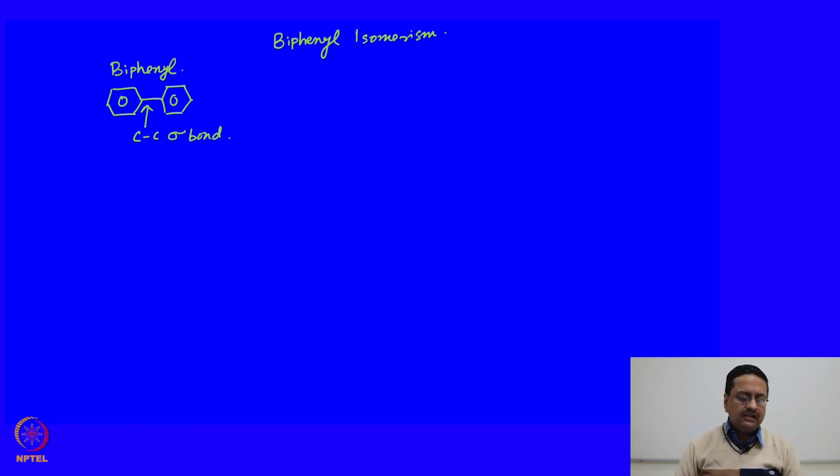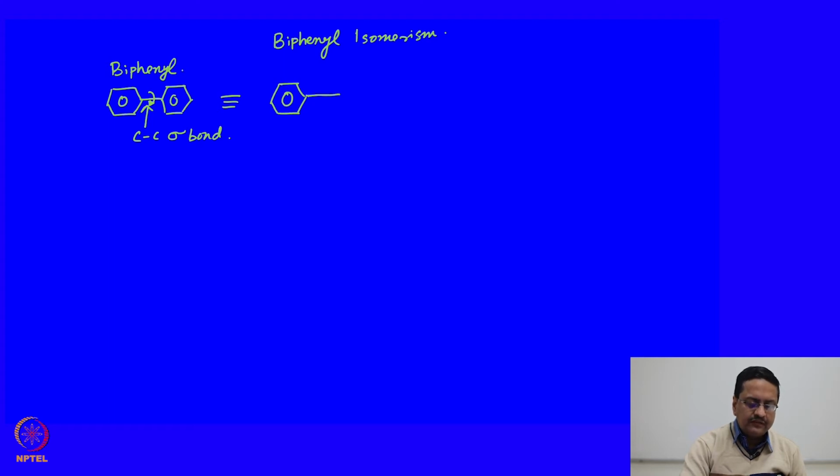For a pure biphenyl compound, this CC sigma bond is flexible and the groups can rotate about that CC sigma bond with some energy, and it can rotate from one conformation to another at room temperature without any hassle. Of course, there is an energy barrier. So, this molecule essentially exists like this.